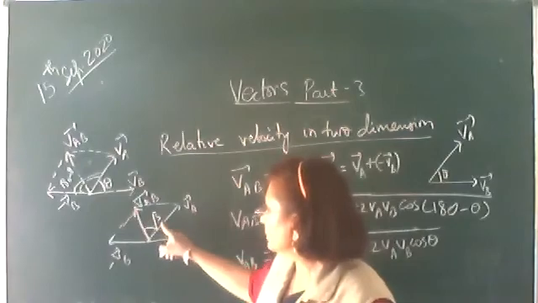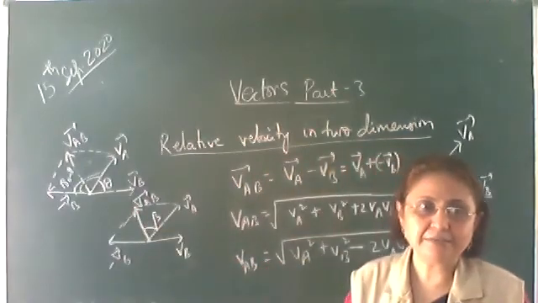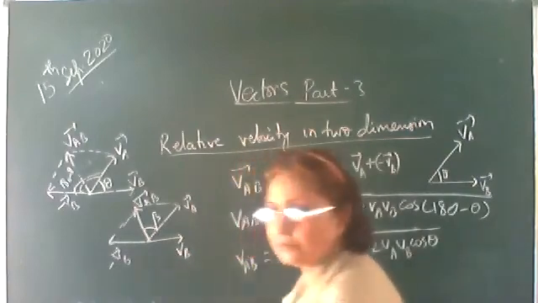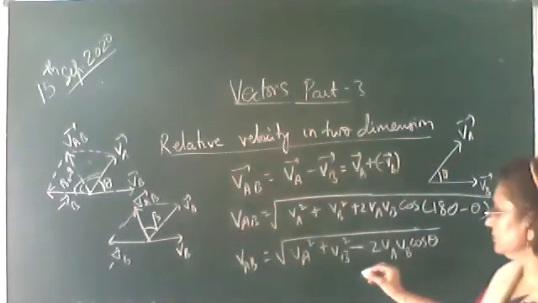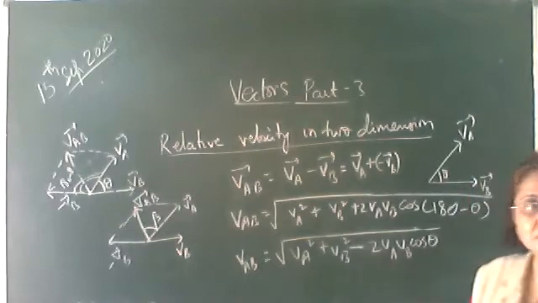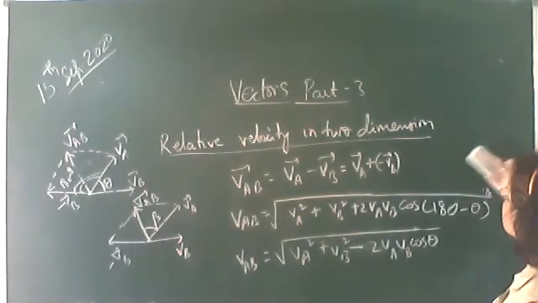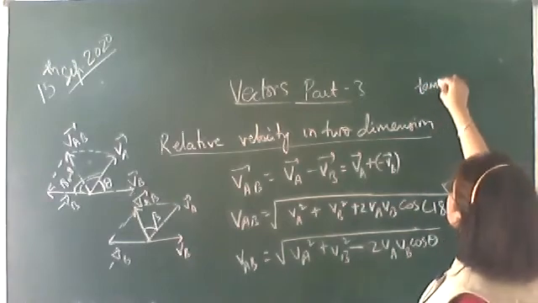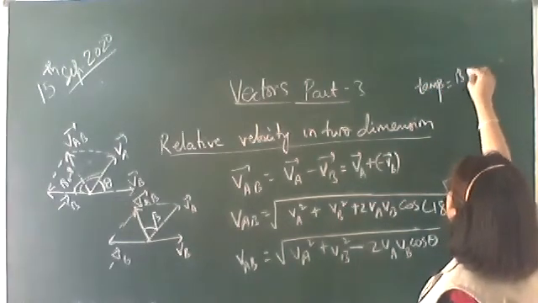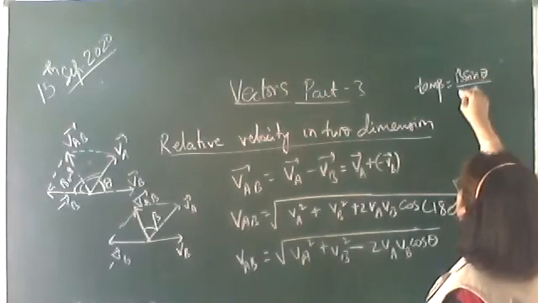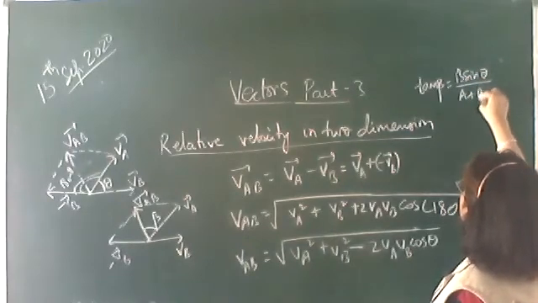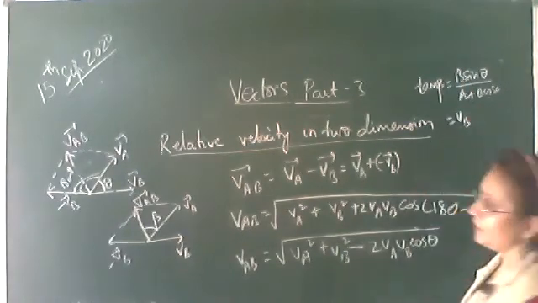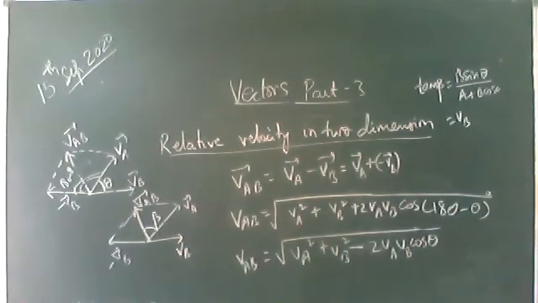So you have to find out tan beta. Tan beta will be equal to, okay, can you see it, or otherwise I'll rub this. Tan beta we know is equal to B sin theta upon A plus B cos theta. Okay, what is B over here? VB, second vector.